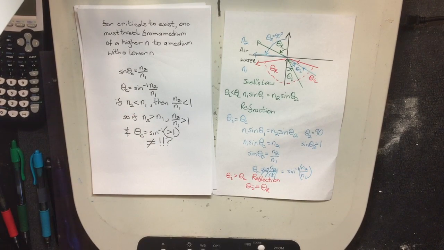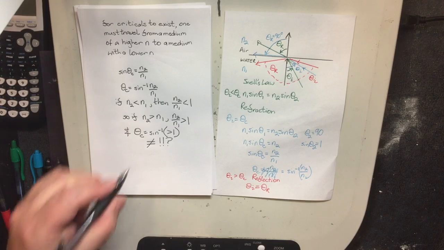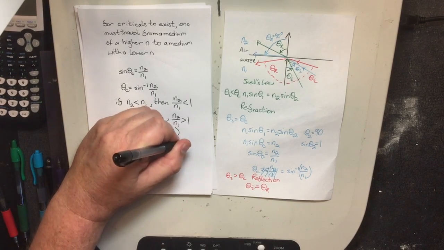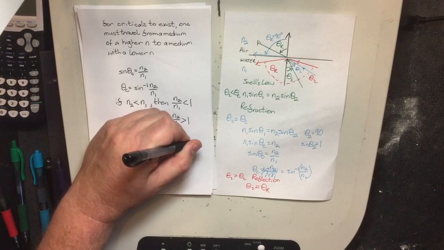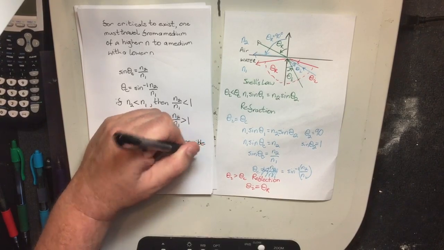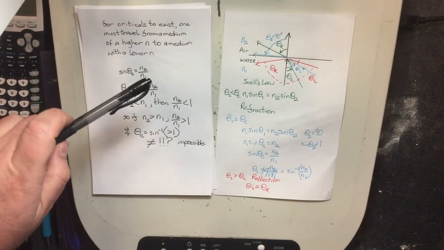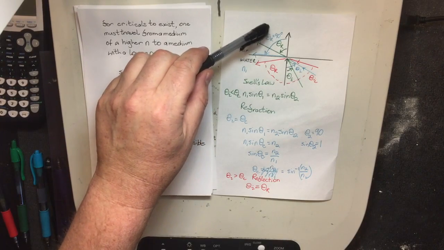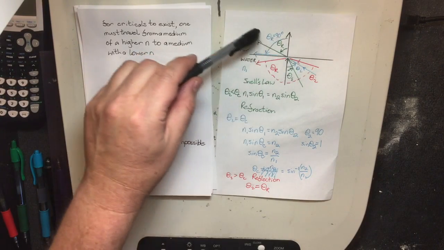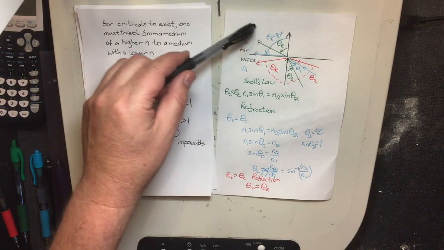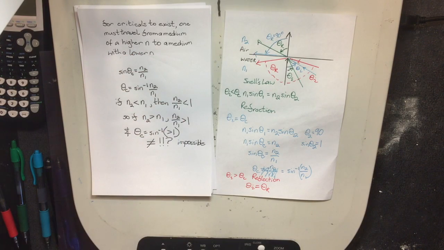It goes crazy. So it is physically impossible for light to internally reflect going from air to water. The light will pass in.